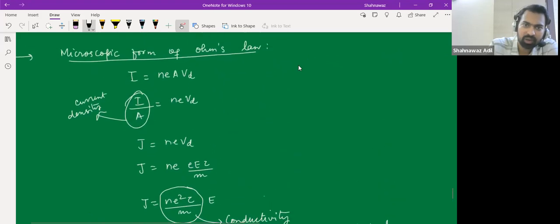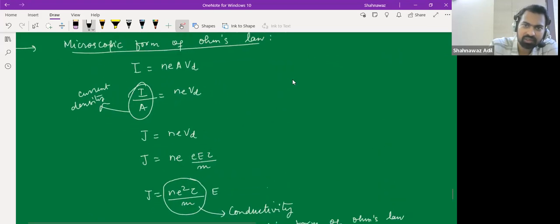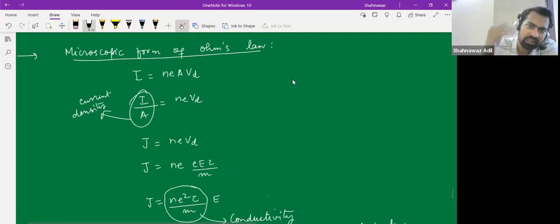So please note down this part, right? And then I will talk about the resistance, resistivity, and the temperature dependence of resistance and resistivity. So please note it down, and then we'll talk about the next one.